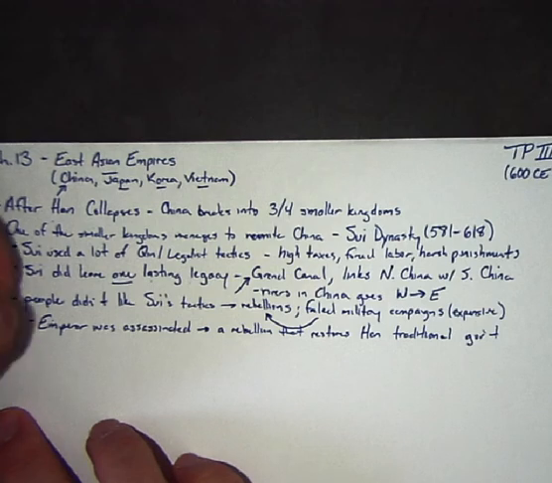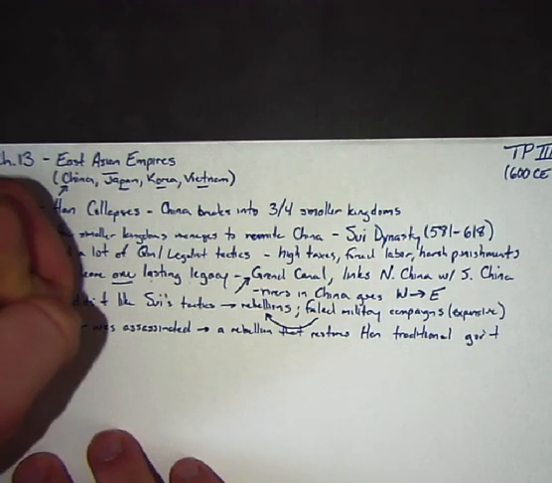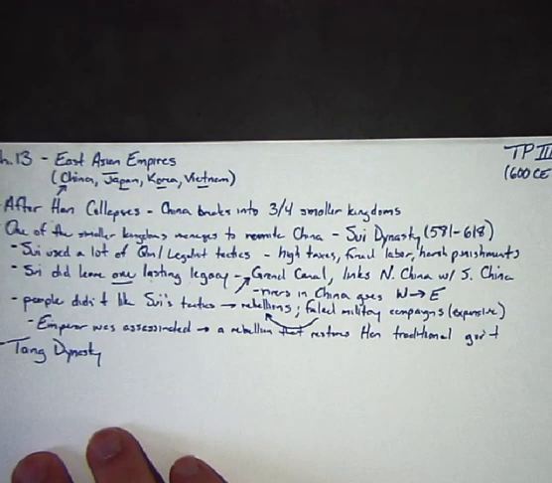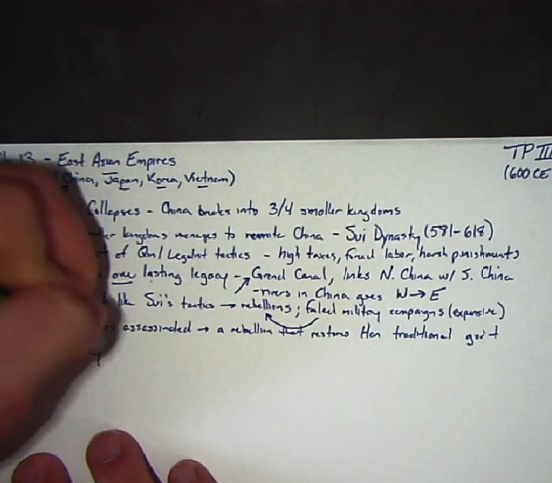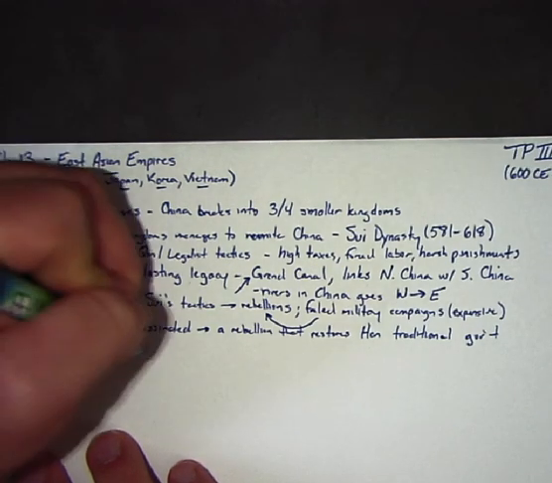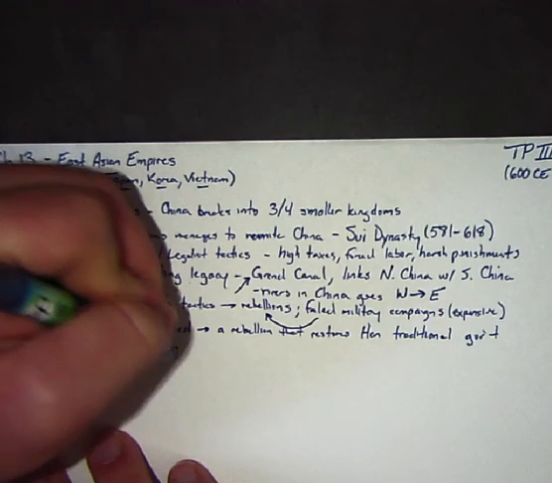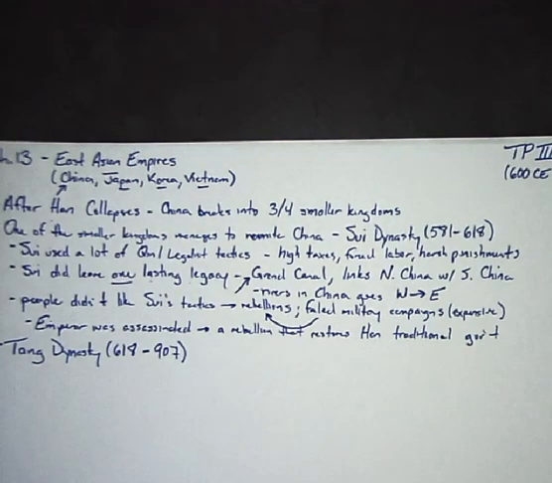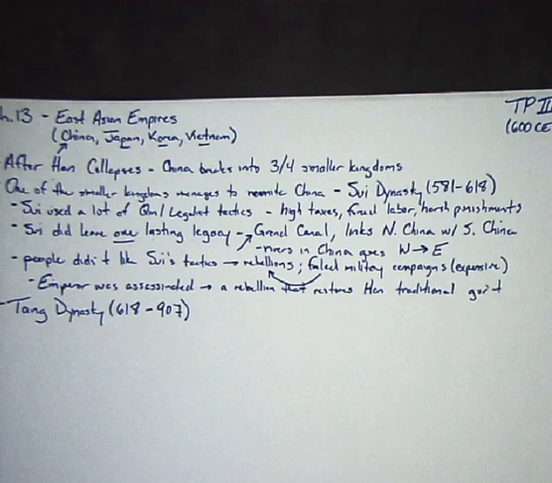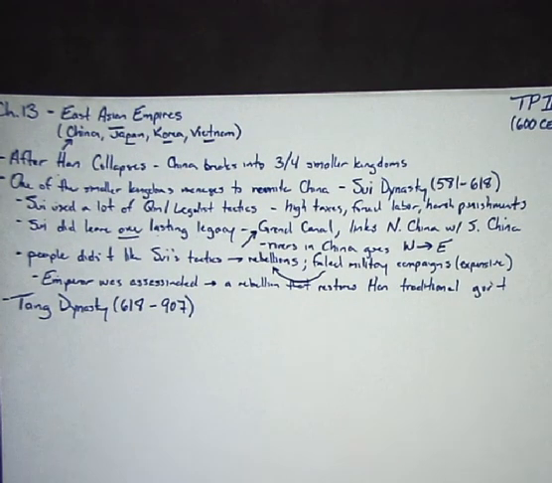And this one is known as the Tang Dynasty. The Tang Dynasty goes from 618 to 907. And it's going to reflect a lot of the same stuff the Han did. So remember, we get kind of a repetition of what we just saw.